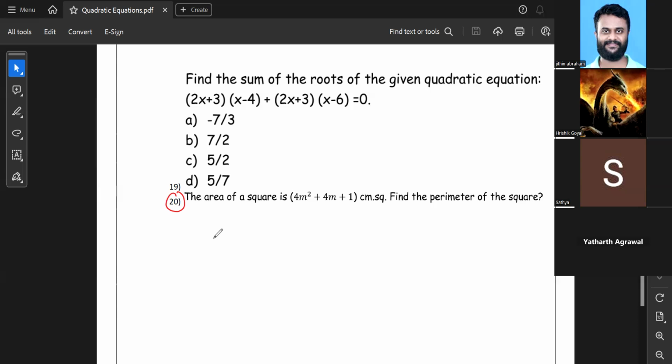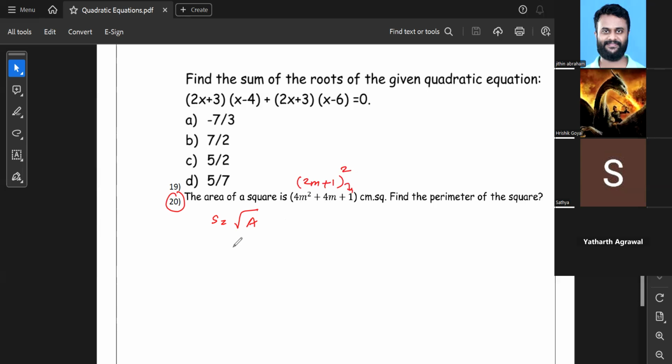Very good, absolutely the correct answer. Now if the area is this value, let me call the side of the square s. Side will be the square root of area. Now area can be written as 2m plus 1 the whole square.